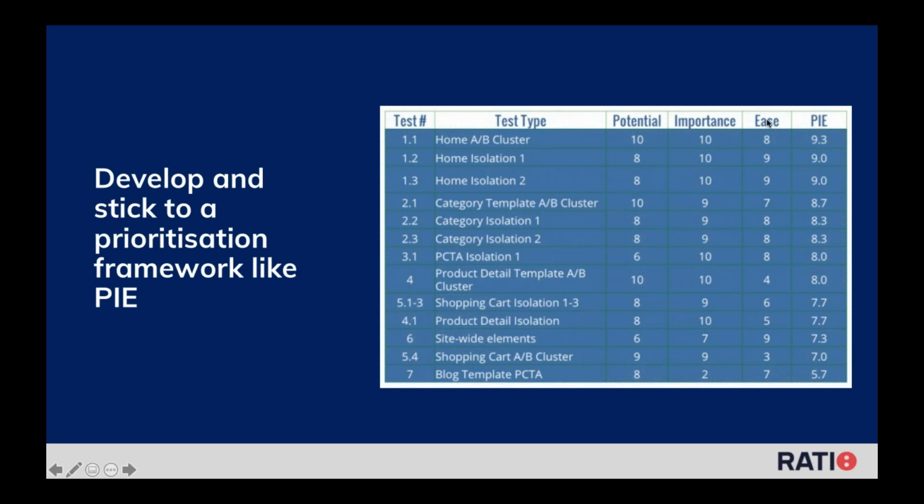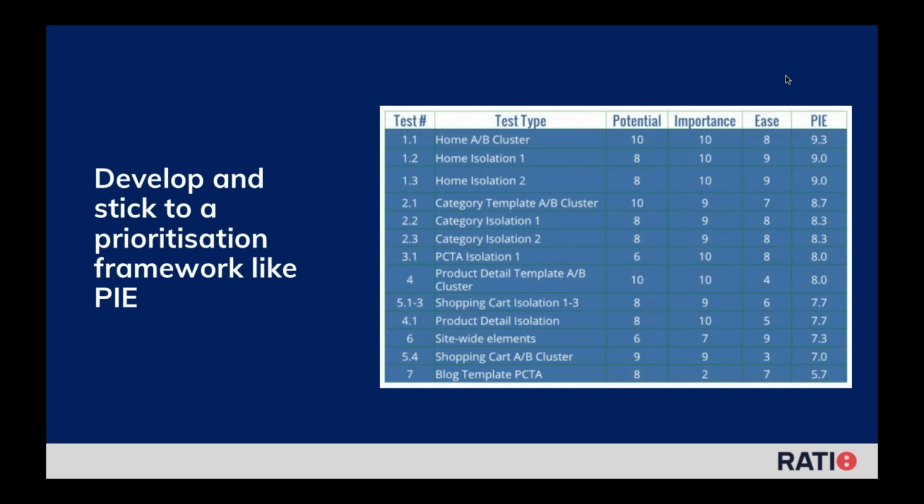We have a factor like ease, which is how easy it is to actually implement, and that could be on the basis of not only from a technical perspective, how much development time it's going to need, but also things like, is this running a bit contrary to what we would normally do from a brand perspective, in which case some ideas can be harder to implement from an organizational buy-in point of view.